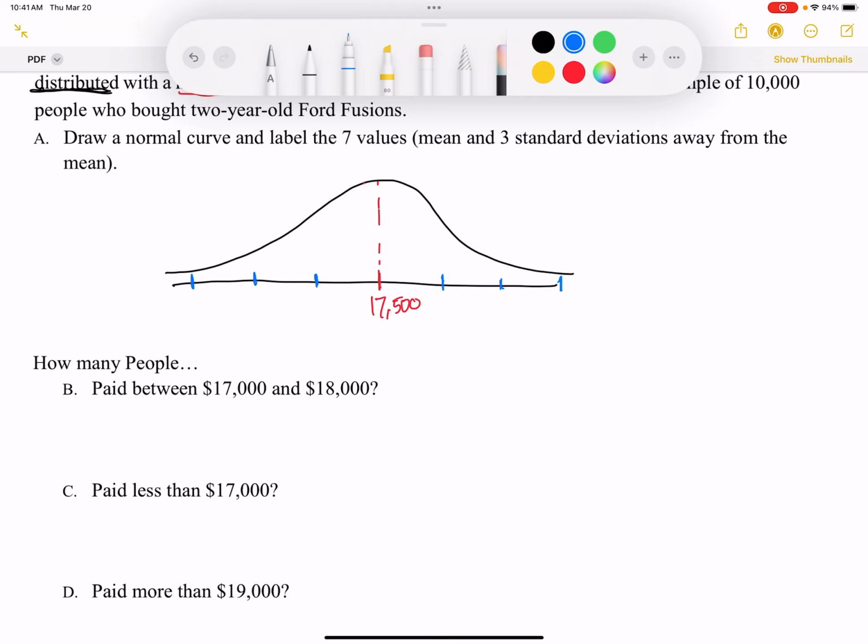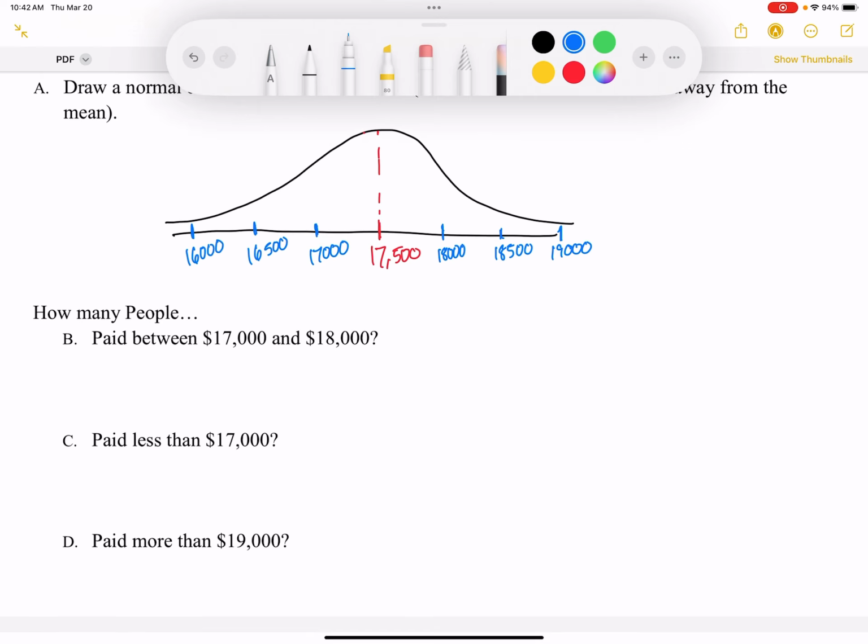And since each standard deviation is just plus $500, I know that the first one above is $18,000. And then we got $18,500. And then I got $19,000. And then this one is $17,000. $16,500, right? $16,000.